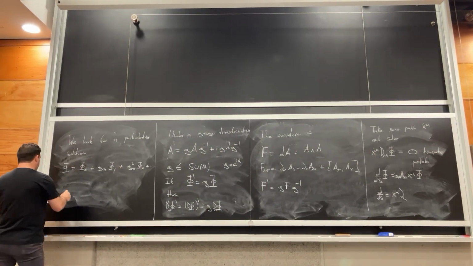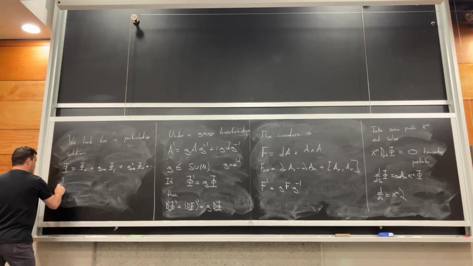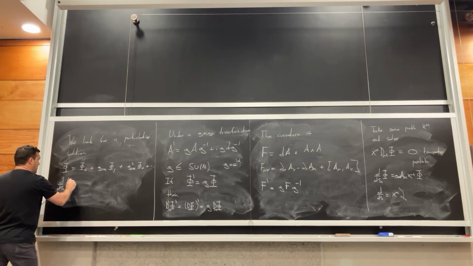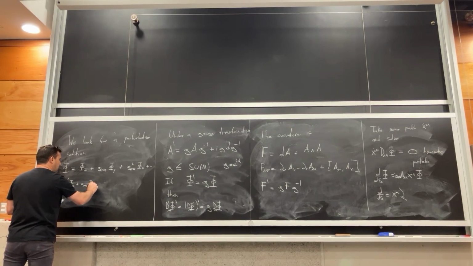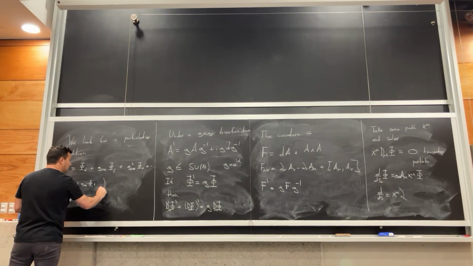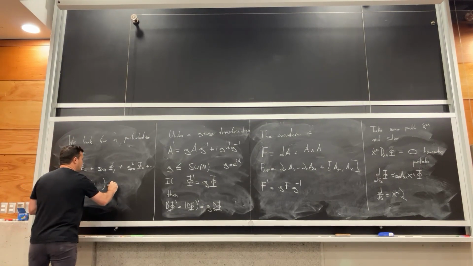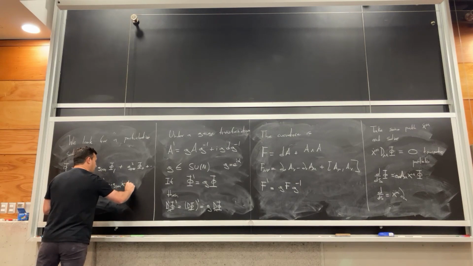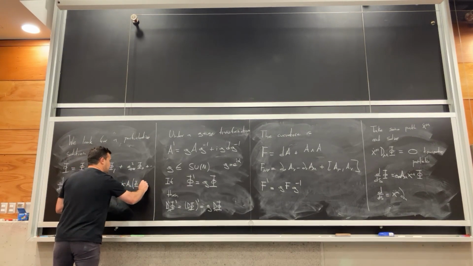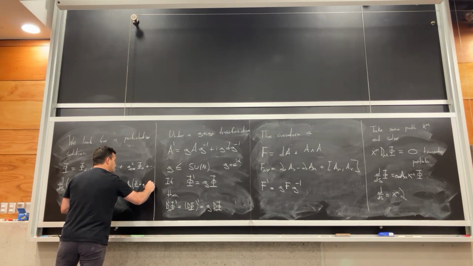So this would be d/ds of phi 0 plus g Yang-Mills phi 1 plus dot dot dot equals i g Yang-Mills x dot mu A mu times phi 0 plus g Yang-Mills phi 1 plus dot dot dot.